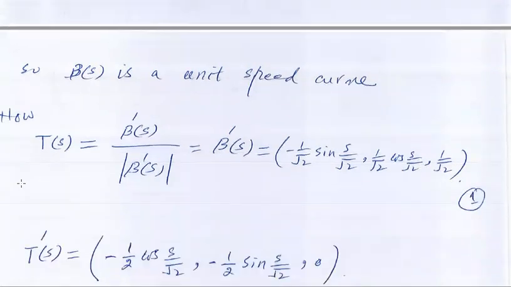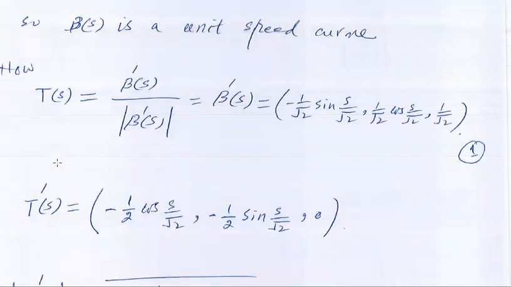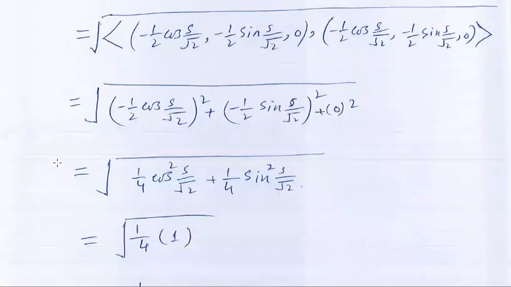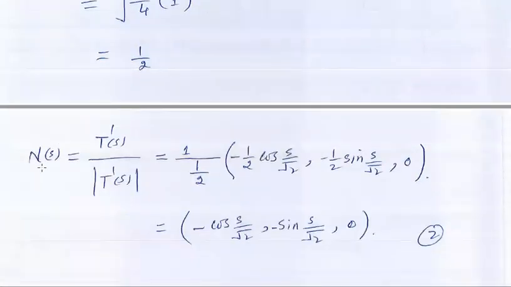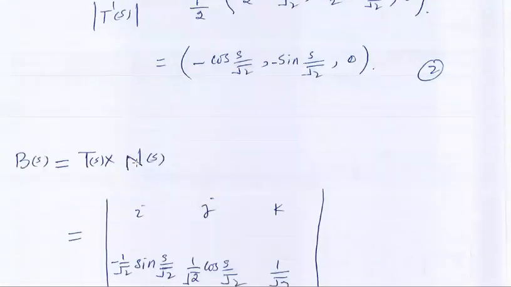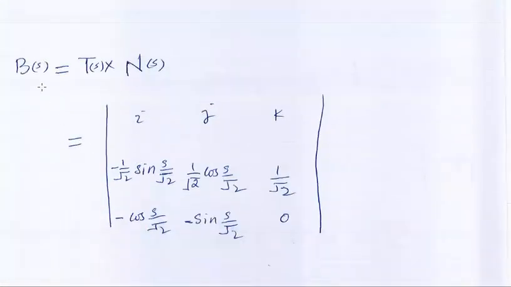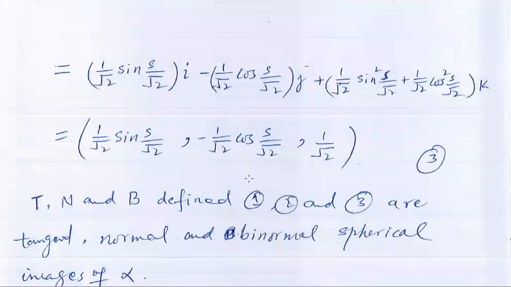Now we find T of s, also N of s, and B of s from T of s cross N of s. And T of s, N of s and B of s are the tangent, normal and binormal spherical images of alpha of s. Thank you. Allah Hafiz.